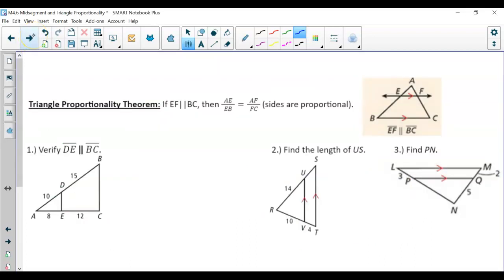So now, talking about and using our similarity here, we've got what we call the triangle proportionality theorem. The triangle proportionality theorem states this: if I have a triangle with a segment that is parallel to the base, then that means that the sections that are created on the sides are proportional.